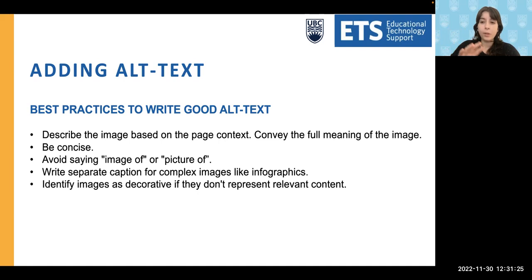It might be worth leaving the accessibility report, going into that page specifically, and then clicking on the indicator to write your alt text so that you have quick access to the page's content. So you can determine what the context is and ensure that when you're conveying the full meaning of the image, you're not including any extra details that might not be necessary, and then focus on what might be really important. So on that note, thanks, Marika.